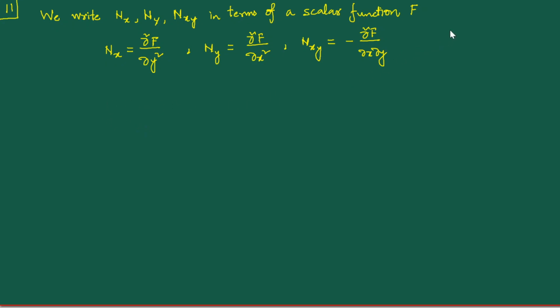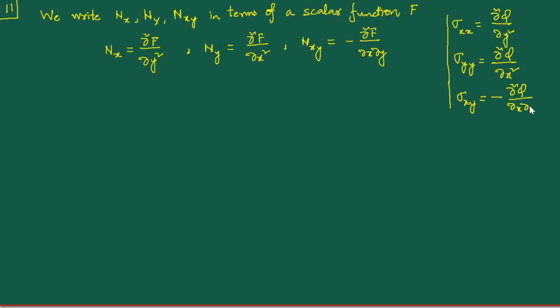So this is reminiscent of what we had done in applied elasticity, where we had written sigma xx is equal to del square phi del y square, sigma yy is equal to del square phi del x square, and sigma xy is equal to minus del square phi del x del y.